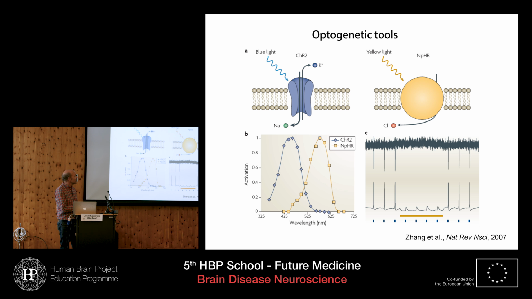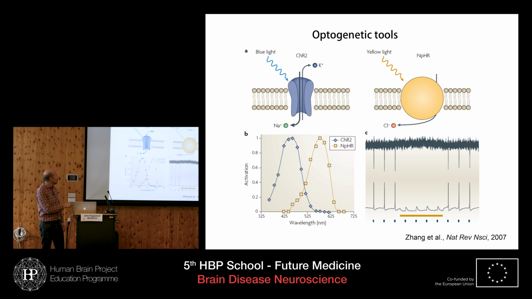The second opsin that's used is halorhodopsin, abbreviated NpHR, and this causes activation of a chloride ion pump. And so it has the opposite effect. It's pumping negative ions into the cell, and that tends to hyperpolarize them to suppress activity. So we can inhibit cells or activate cells with these two opsins. And importantly, they have different spectral characteristics.